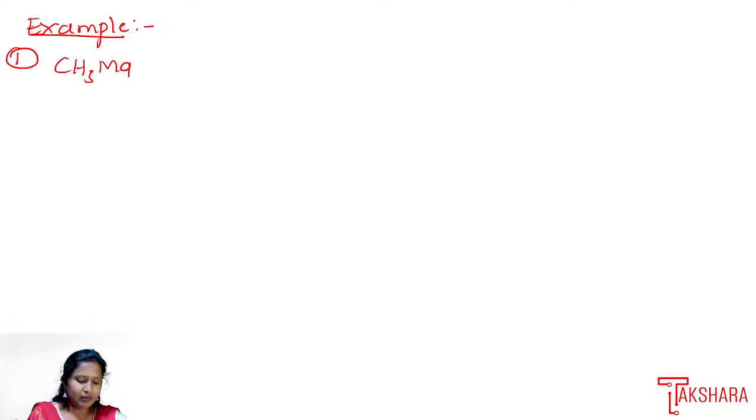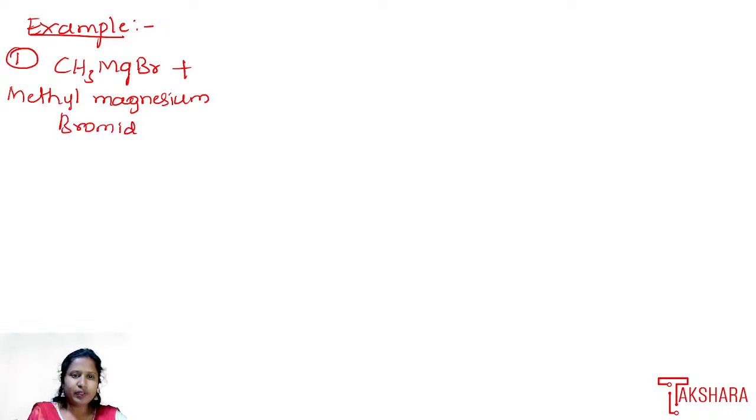Okay, so let us take the next example. For this, let us take an example. In place of R, let us take CH3MgBr, methyl magnesium bromide, when it is treated with carbon dioxide, that is dry ice.